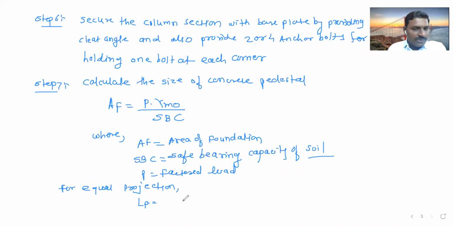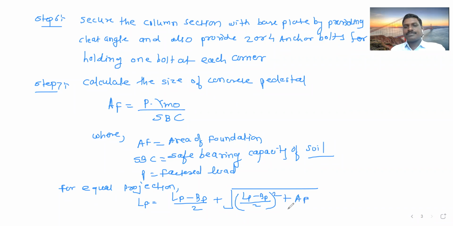So LF is equal to (LP minus BP) divided by 2, plus under root of ((LP minus BP) divided by 2) whole square plus AF. In this way we can calculate the length of foundation.